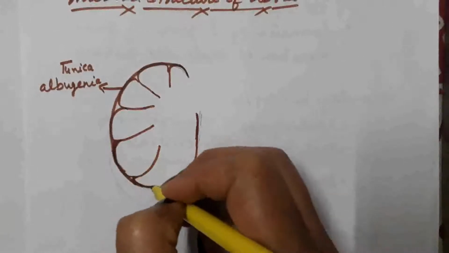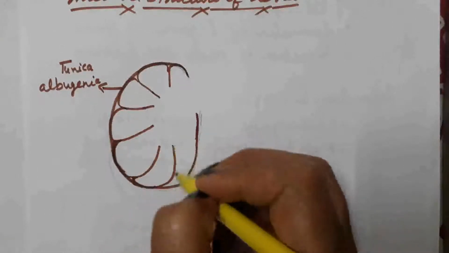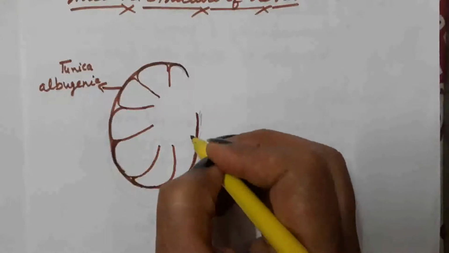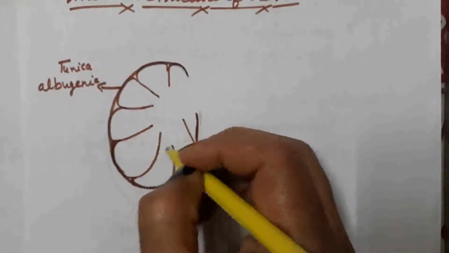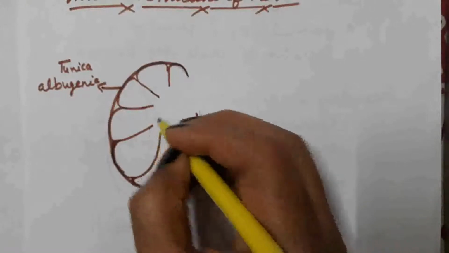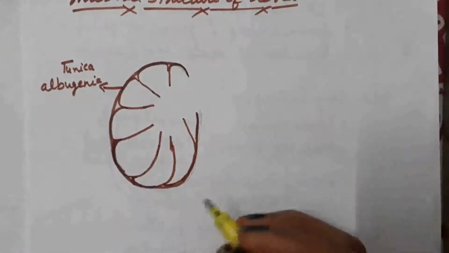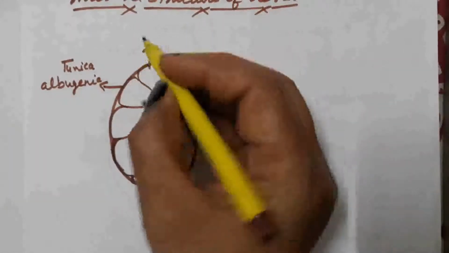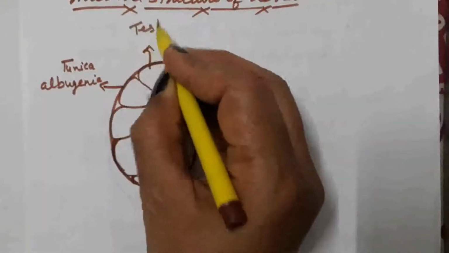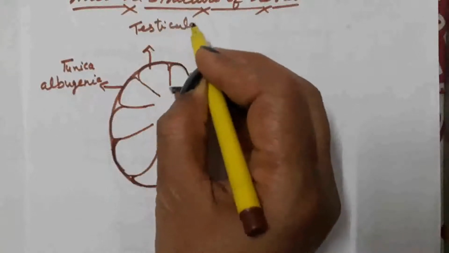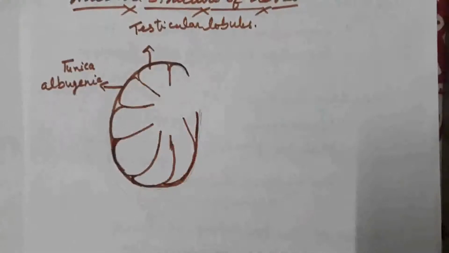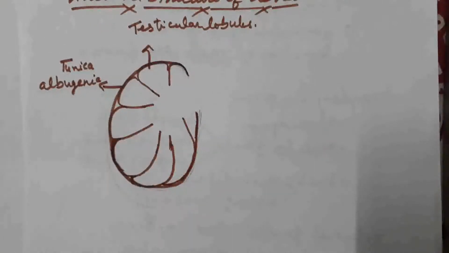These septa divide the inner side of the testis into various compartments. These compartments are known as testicular lobules. The number of these testicular lobules is about 250.